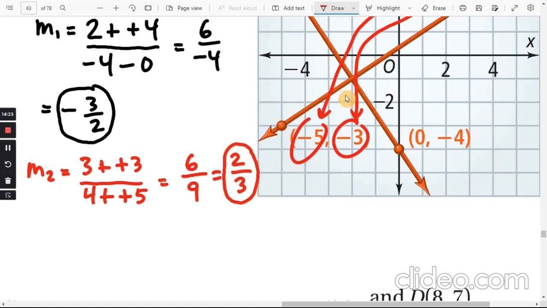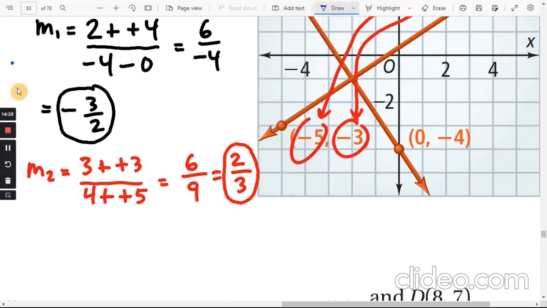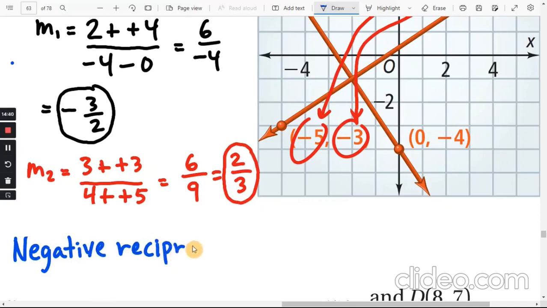All right. So we have two slopes, and now we just want the negative reciprocal of one of them. All right. So I'm going to do the negative reciprocal. All right, let's start with the 2/3. We can choose either one. And the two steps.